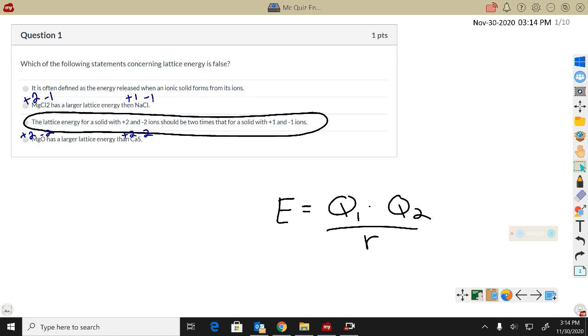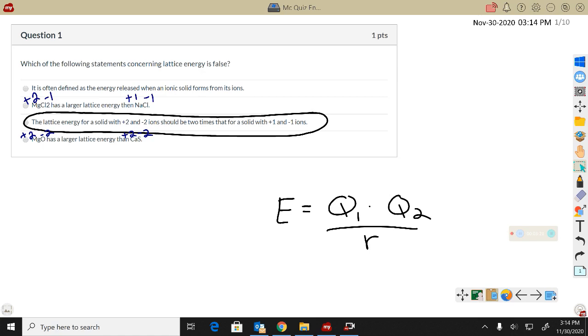Now, obviously, there could be some situations where you might not be able to qualitatively gauge lattice energy, like which shows a stronger attraction. What if I've got different ion charges and substantially different radii? You're not going to get anything like that on the AP test. That would have to be solved with a calculation because they don't even put this equation in the packet.